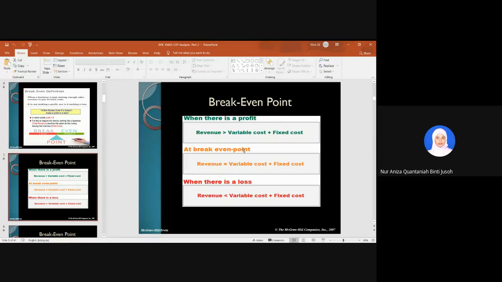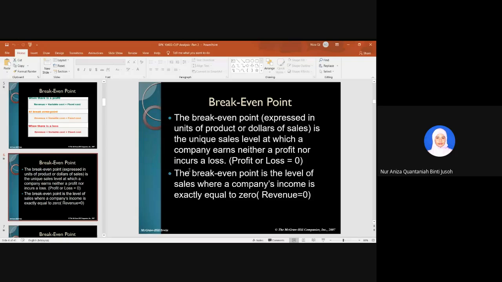Here positive, this is negative, so here is zero. The break even is where the profit is zero. Here the profit is more than zero. And if there's a loss, the profit is negative, because it's a loss.